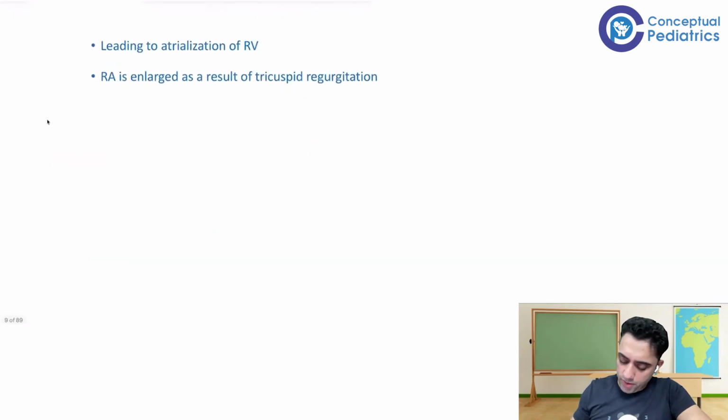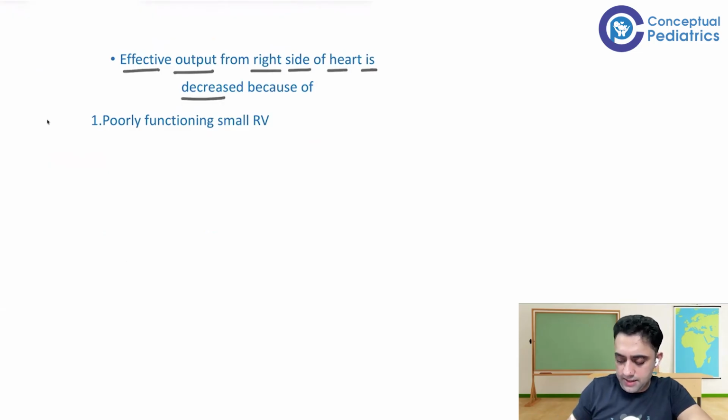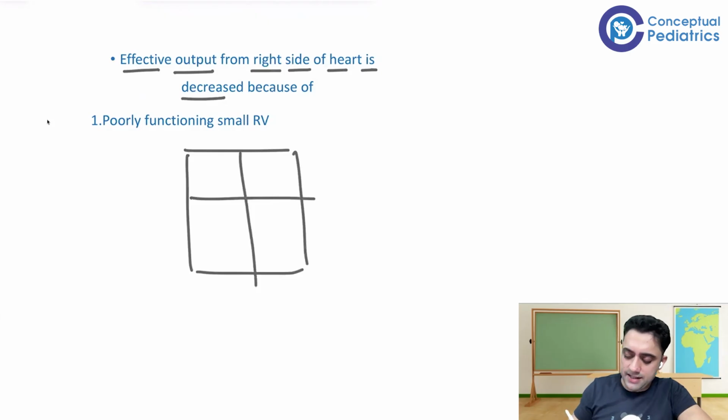Now, the next important point we need to understand. Listen, this is very simply written: the effective output from the right side of the heart is decreased, because of what? Naturally, there is a downward displacement of the tricuspid valve.